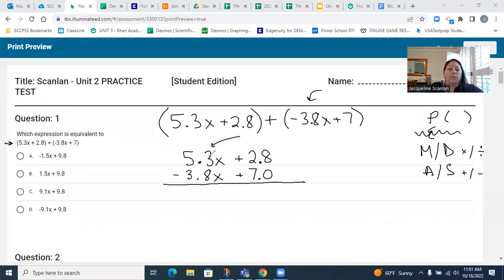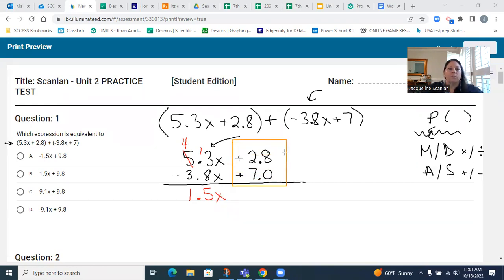And so I'm going to subtract them. I can't subtract 3 minus 8, so I borrow from the 5, make it a 4. 13 minus 8 is 5, and 4 minus 3 is 1. So I get a positive 1.5x, and then I'm going to add the next column of numbers together.